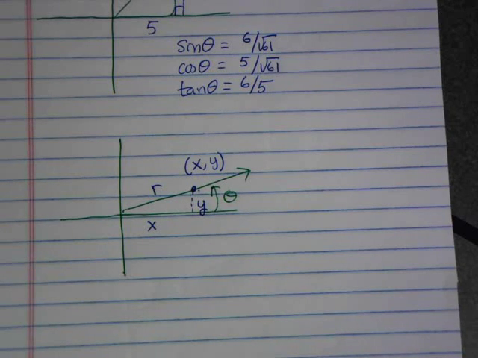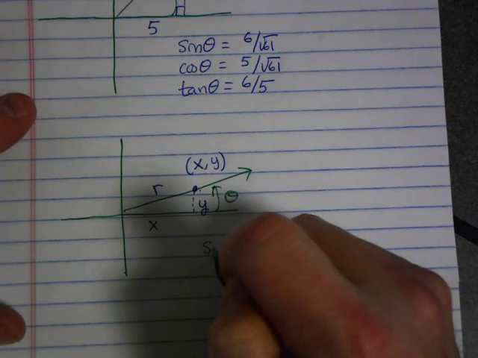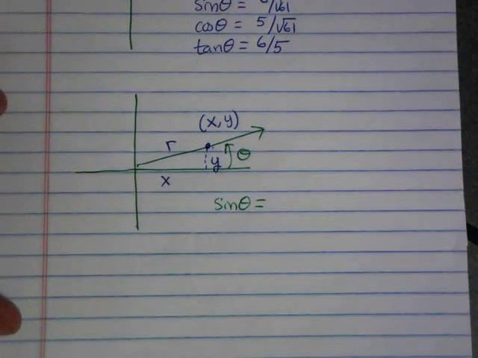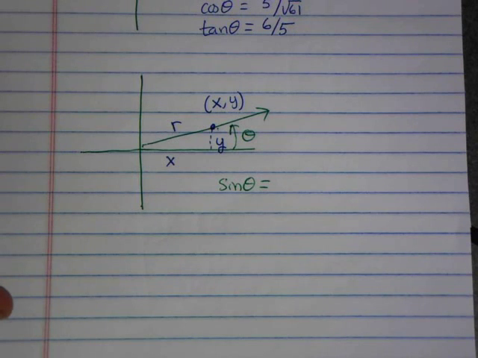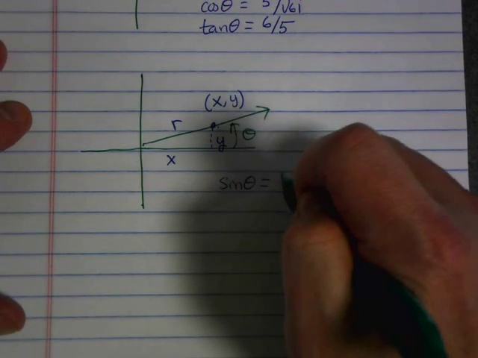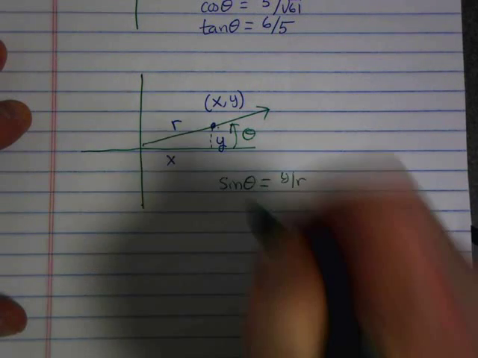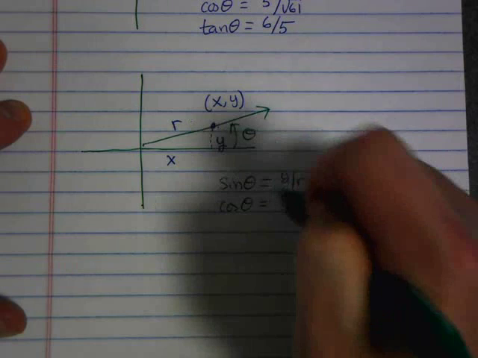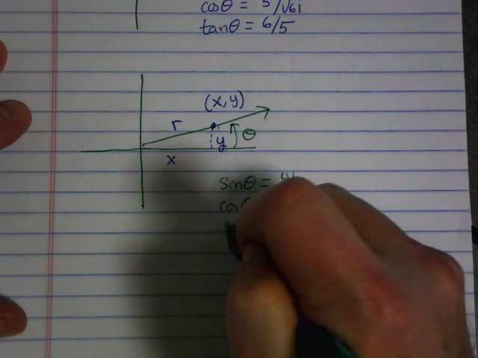All right, so for that angle, what's sine of theta? Using the letters. Y over r. Opposite over hypotenuse. Cosine of theta is x over r.